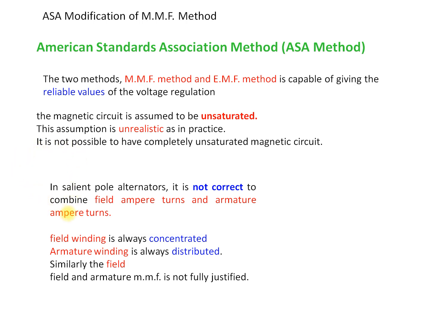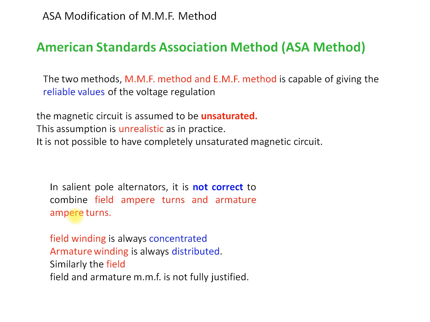Also, from the previous methods which we have studied in the previous videos, the EMF and MMF methods take into account that the magnetic circuit is not being saturated, but that is not realistic in practice.